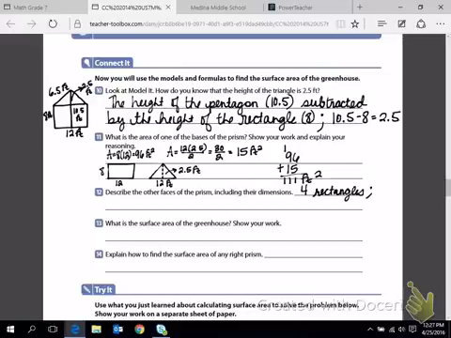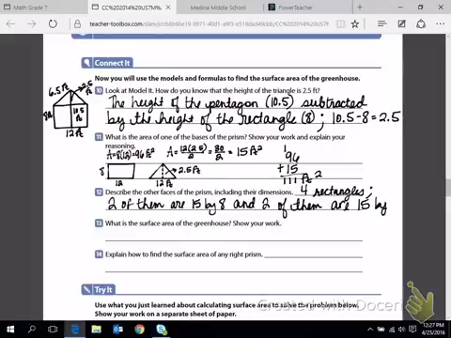Two of them are 15 by 8. And 2 of them are 15 by 6.5.